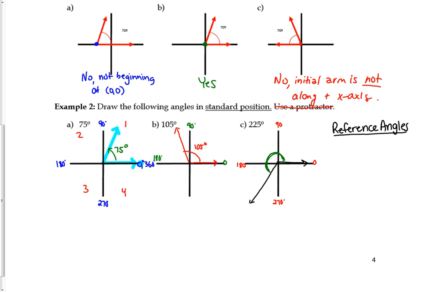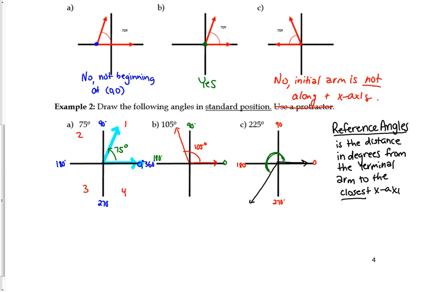So a reference angle is the distance in degrees, so it's an angle, from the terminal arm to the closest x-axis. I like to refer to them as the bow tie angles.